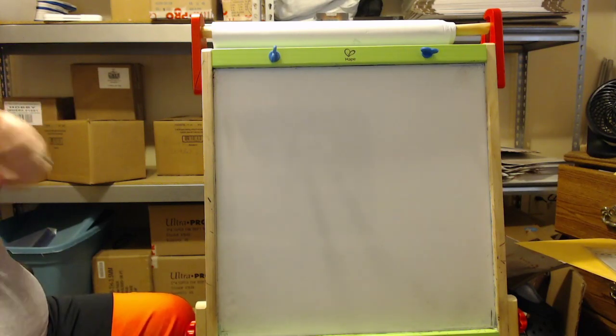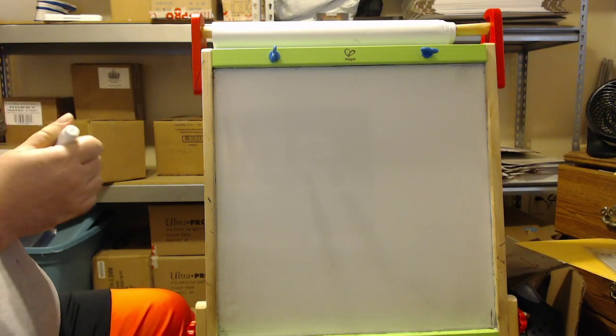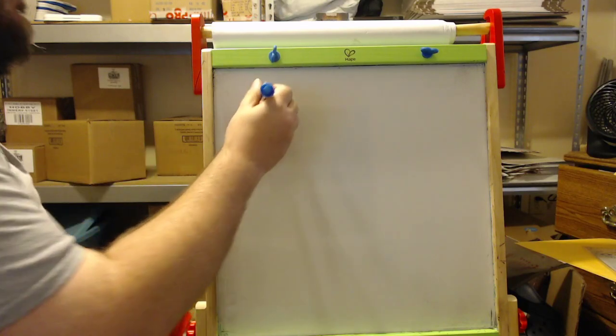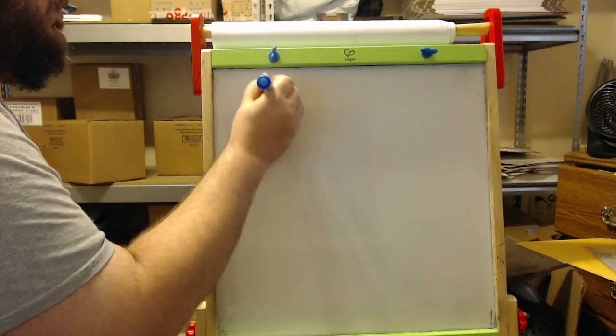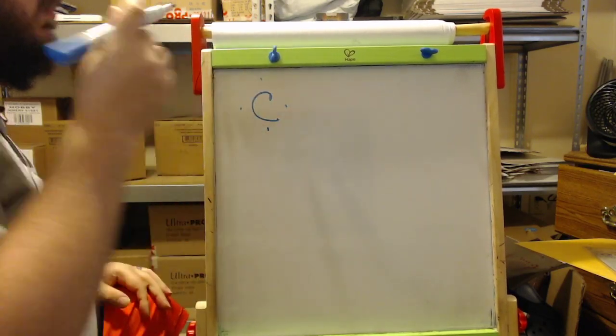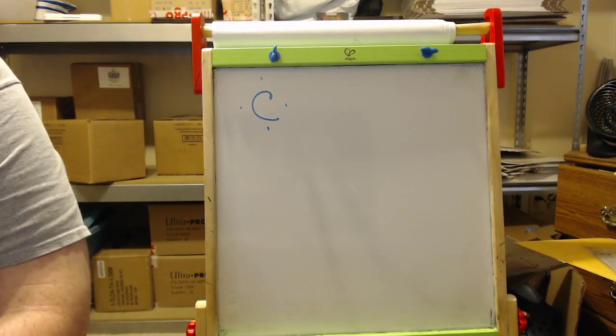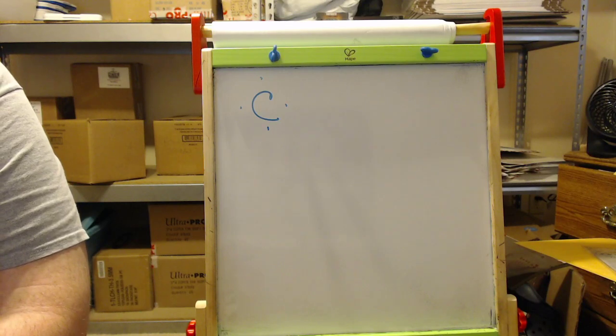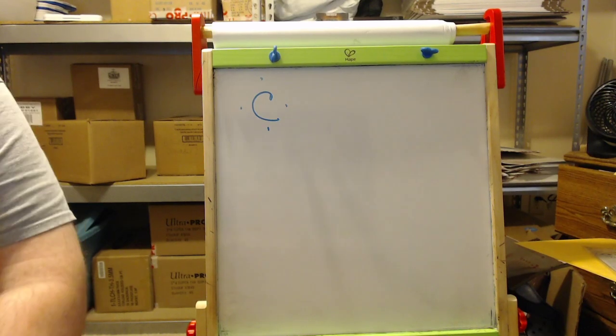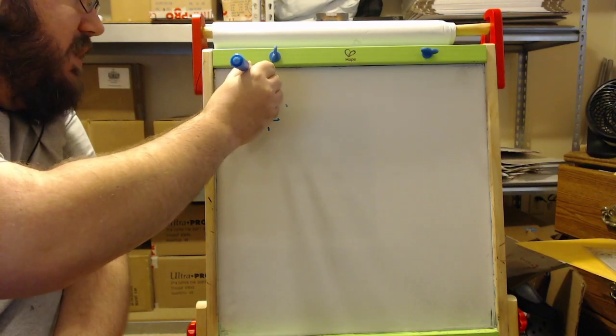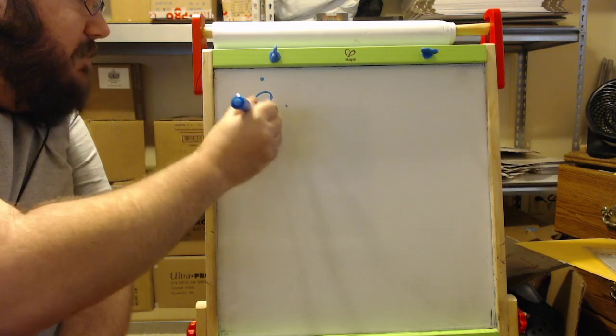Carbon has 4 electrons that are in its outermost level. So carbon's Lewis structure, or Lewis dot symbol, appears like this. Carbon has 4 electrons readily available to make bonds.